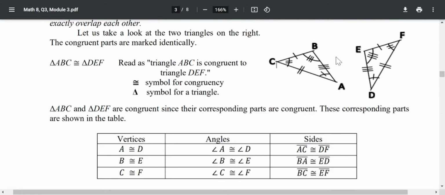So B is congruent to E, C is congruent to F. Then for the angles, angle A is congruent to angle D and so on. Then for the sides, what we looked at earlier, AC is congruent to DF and so on.